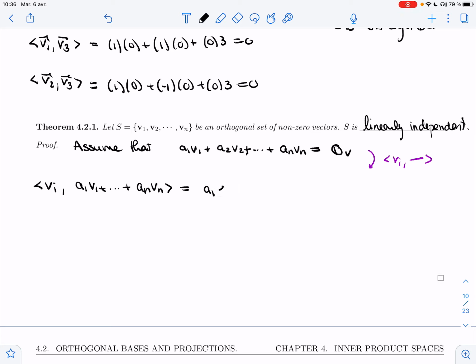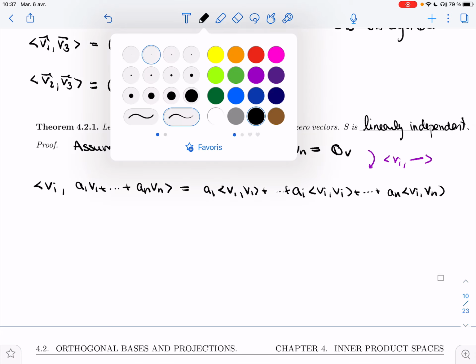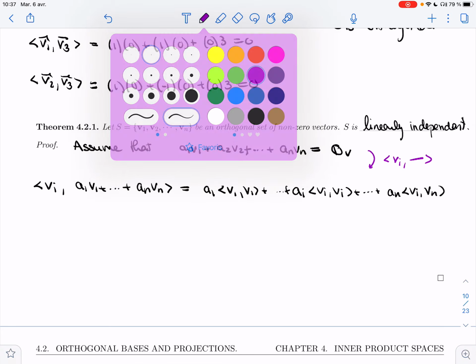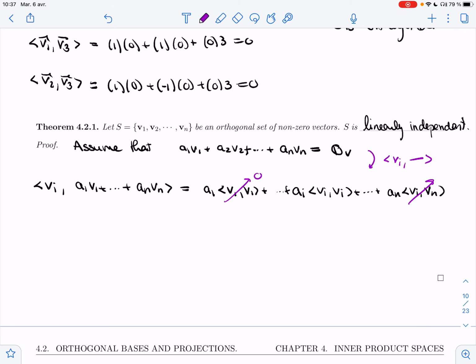That's going to be a1 times vi dot v1 plus ..., and the only one that's going to be interesting is this one here. All the other ones will give me 0, as we assume we have an orthogonal set. So all of these are 0 except for this one. And so what I get, oops, sorry, I get ai times vi dot vi.